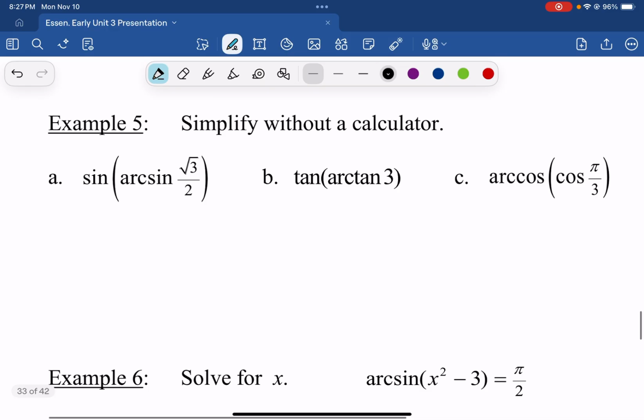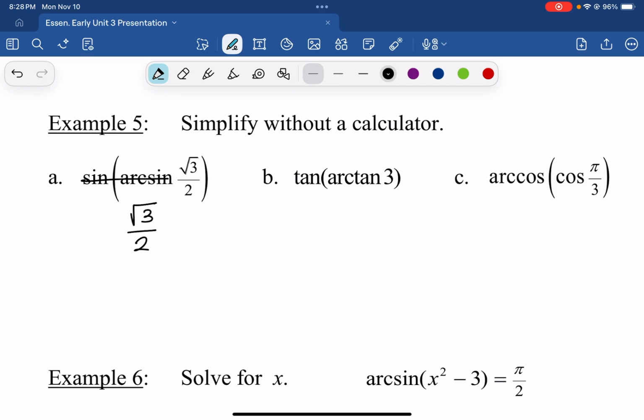Next, simplify without a calculator. Back when you're learning right triangle trigonometry and we wanted to find out what the angle was, we would take sine to the negative 1 of things so that it would help us cancel things out. So if I take sine of arc sine, these undo each other and I'm left with square root of 3 over 2.